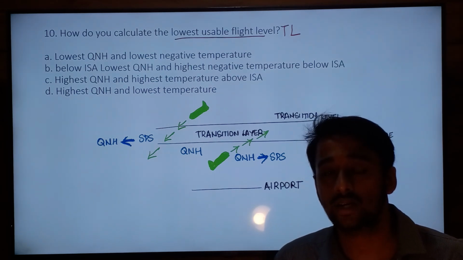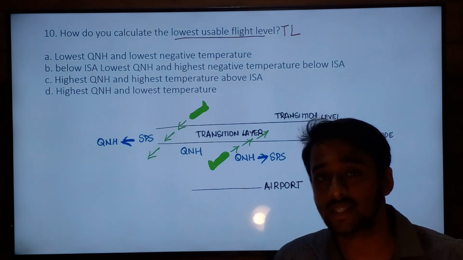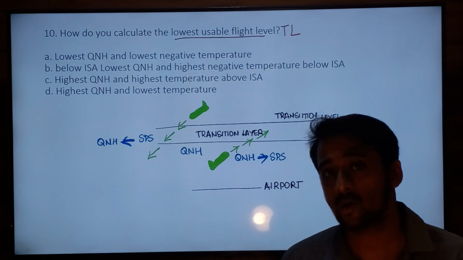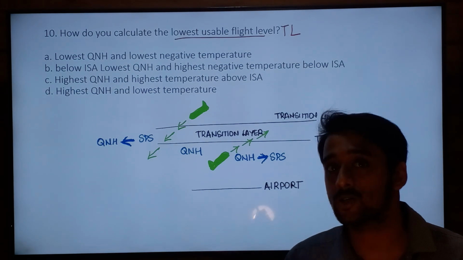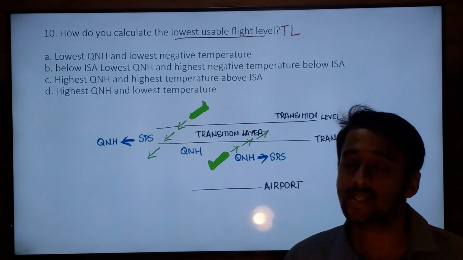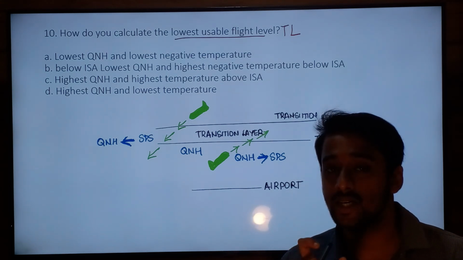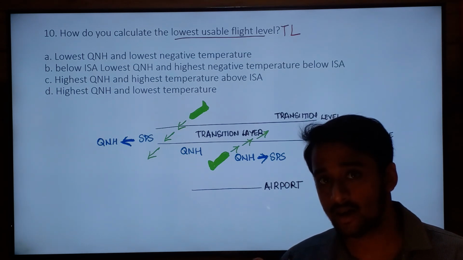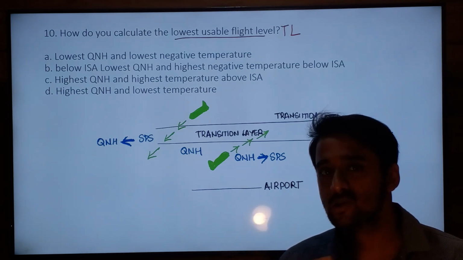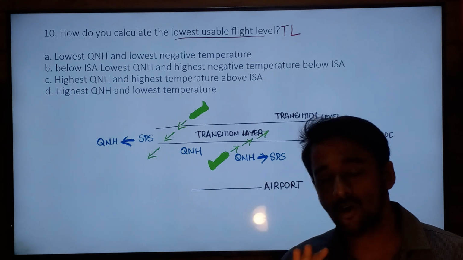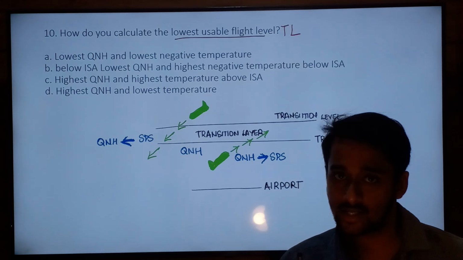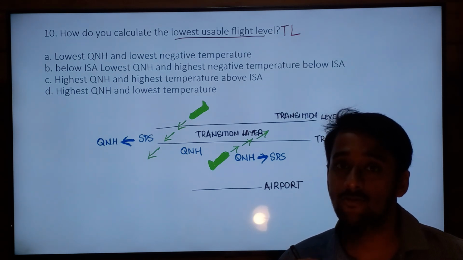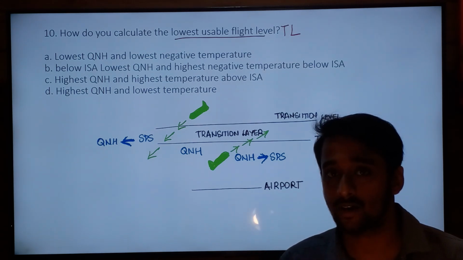This relieves you from the task of resetting your altimeter setting window to local atmosphere setting from time to time, because local atmospheric setting will change from place to place during the course of your journey. So if you forget to reset your altimeter, you are instantly subject to pressure error and temperature error. But when you fly on standard pressure setting, irrespective of local atmospheric setting, you are free from these errors, and you are relieved from the duty of resetting your altimeter from time to time.